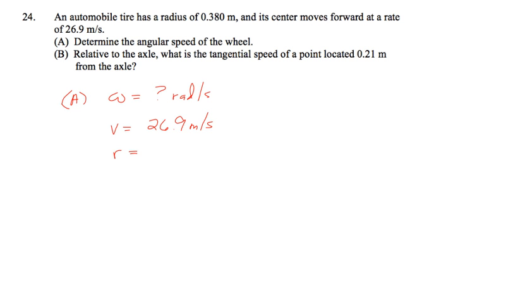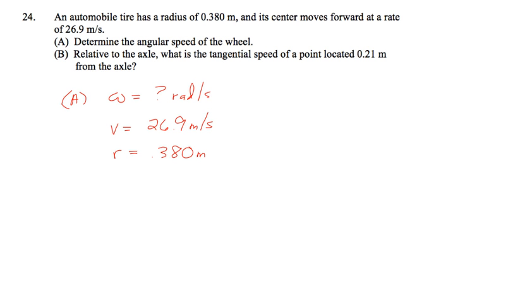So the R, it says the tire has a radius of 0.380 meters, so I can use that. So with those three facts, the unknown is the omega. Remember our formula. If I were doing this in steps, our four-step problem-solving strategy, that would be step one.